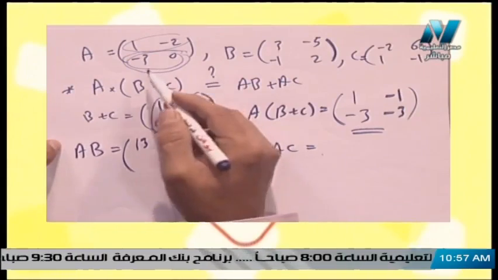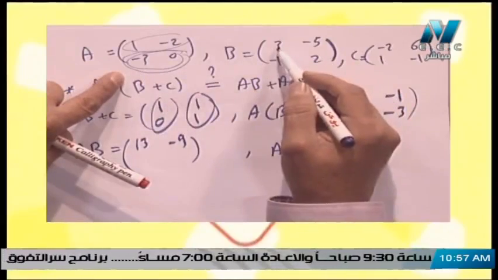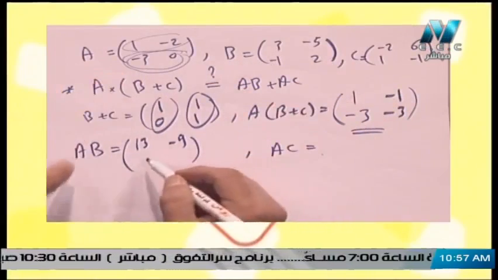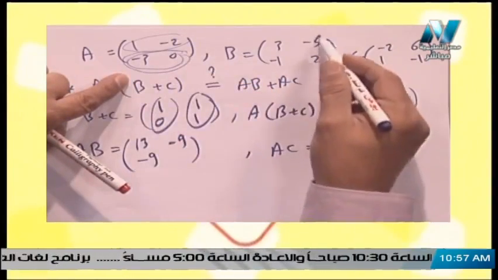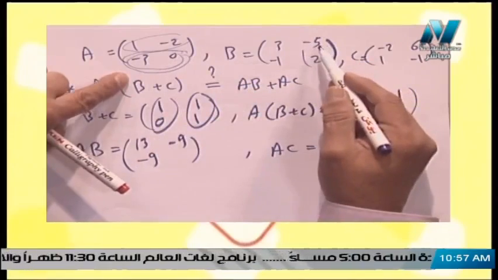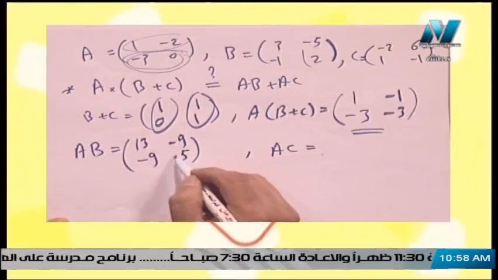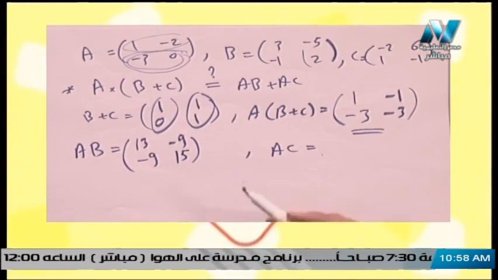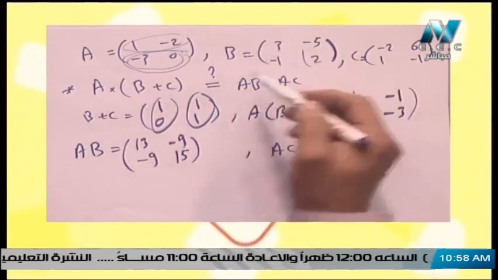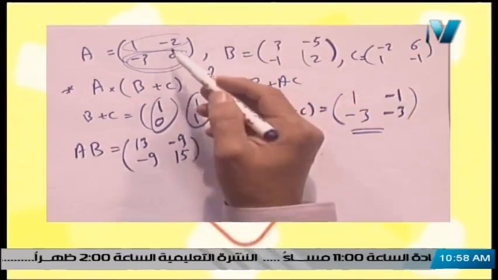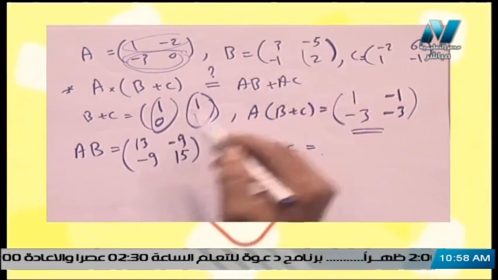Okay, and this row multiplies this column. Negative 3 times 3 equals negative 9, plus 0 equals negative 9. Okay, and this one multiplies this one. Negative 3 times negative 5 equals 15, plus 0 equals 15. If we multiply here this row by this column, 1 times 3 equals 3, and negative 2 times negative 1 equals 2. So the answer is 5 only.